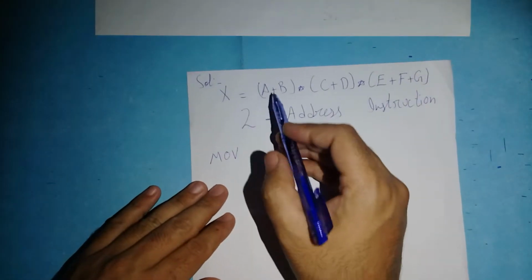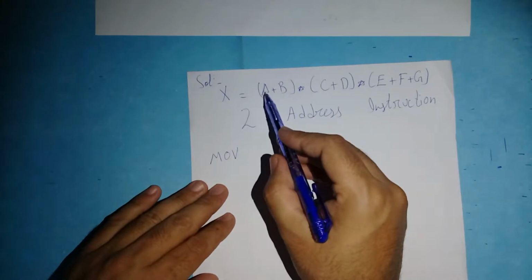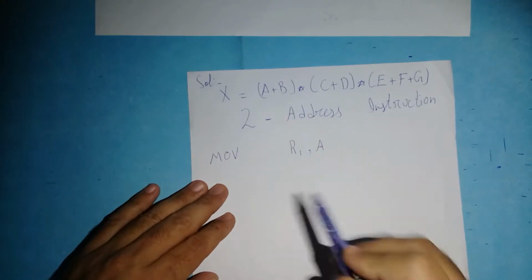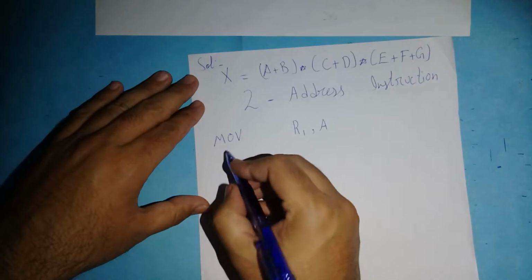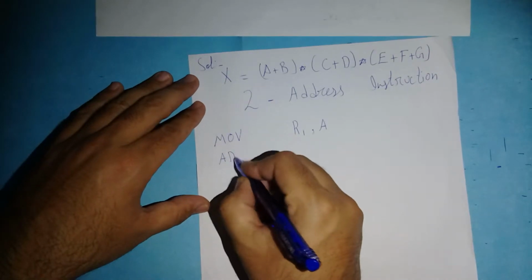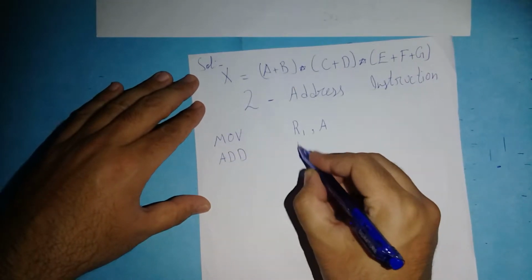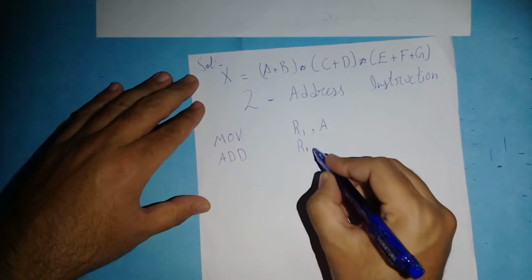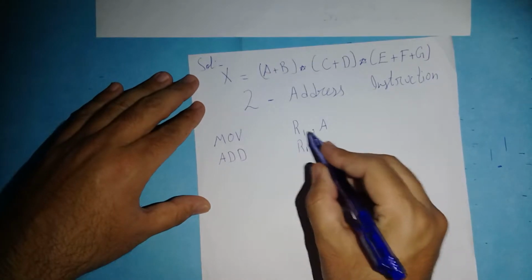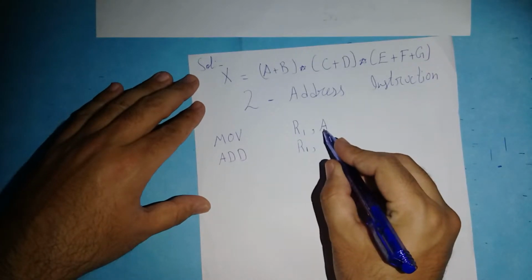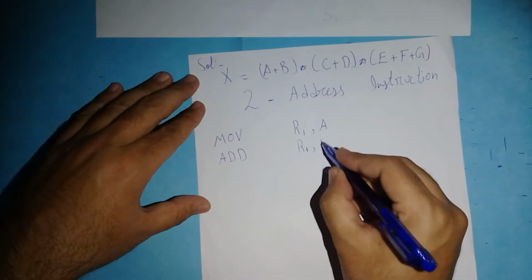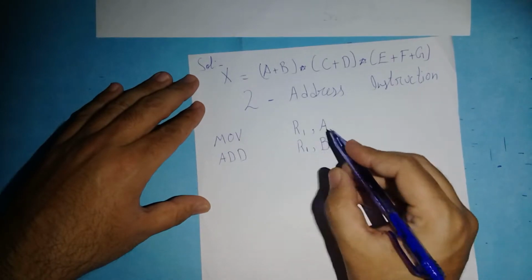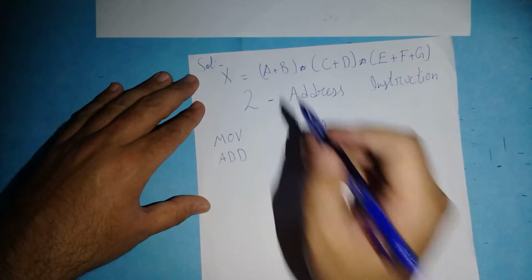Now if you see in the expression, in the first bracket, a is going to be added with b. So here I'm going to write down the operation ADD. Now here I write down R1 first. Why? Because R1 has got the value of the variable a. Now I write down variable b, because a is going to be added with b.